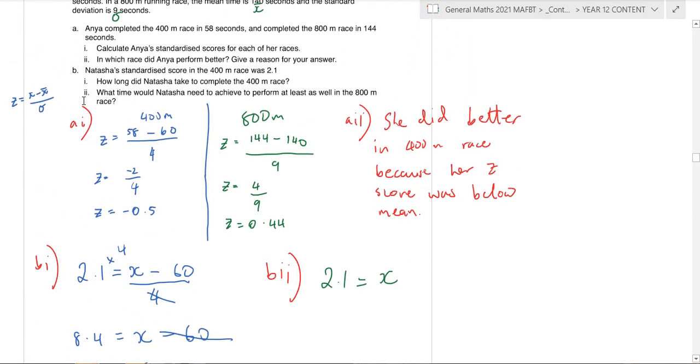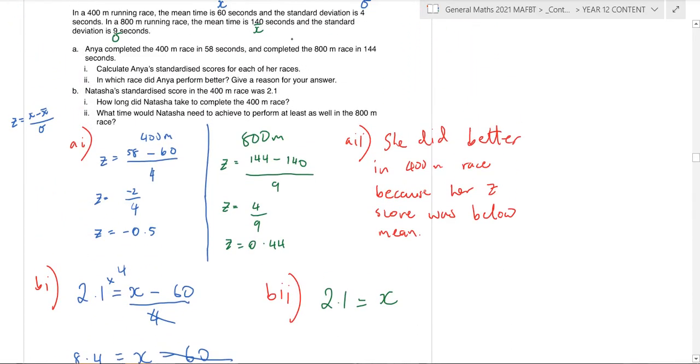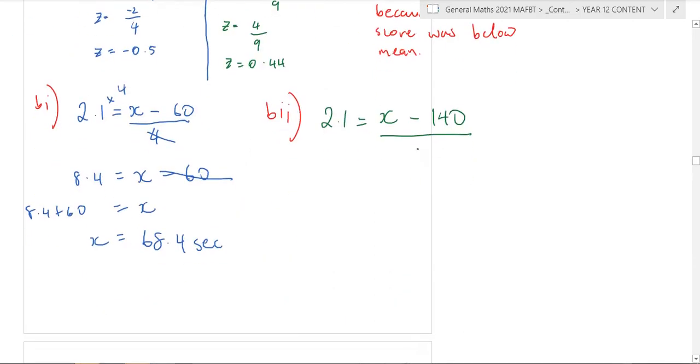So looking at the 800 meters, the mean time is 140, so minus 140 over the standard deviation of 9. Okay, so we're trying to figure out what time she needs to get for her 800 meter race to get a standardized score of 2.1. So isolate the x, this becomes times 9, so it'll be 18.9, sorry, my bad. Is x minus 140.